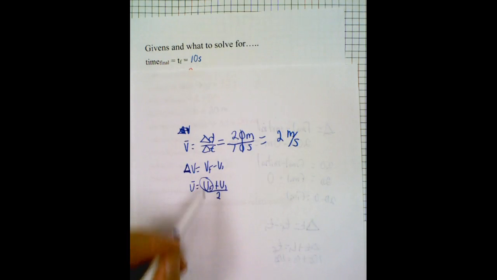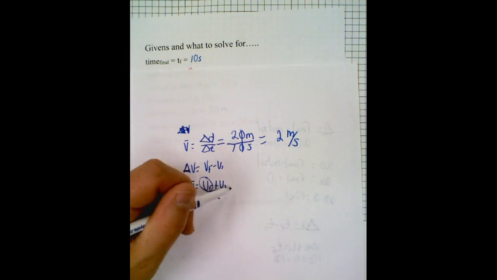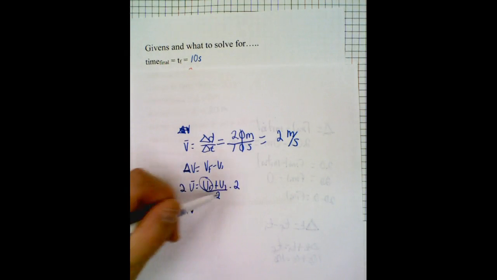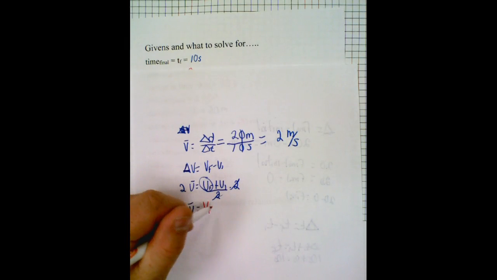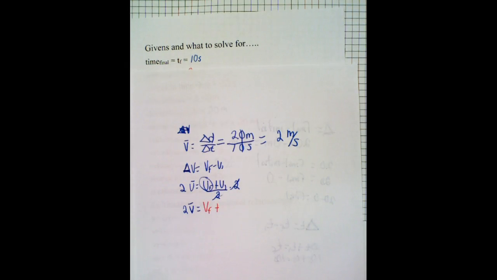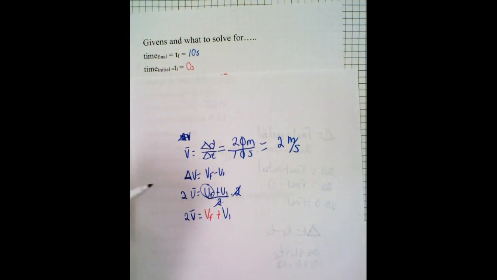I want this, so I can say 2 times velocity average, because I multiply both sides by 2, equals velocity final plus velocity initial.